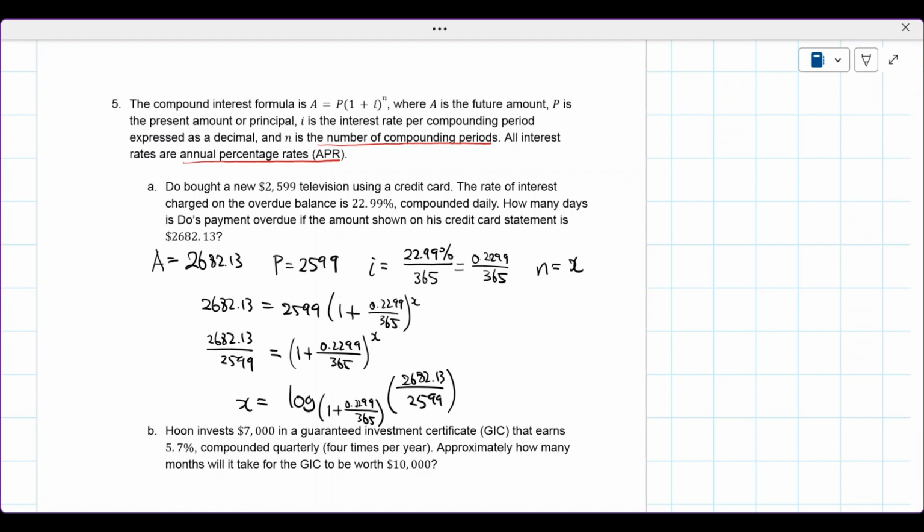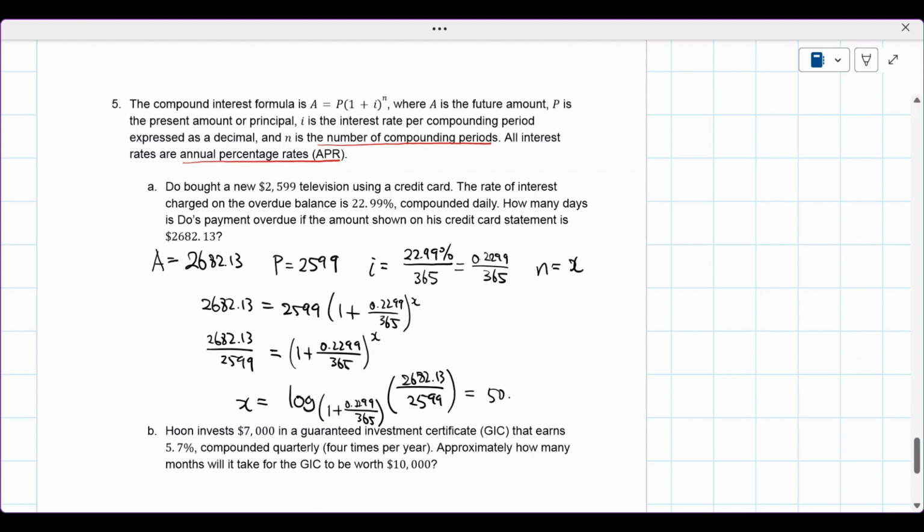Log of (2682.13 divided by 2599), divided by log of (1 plus 0.2299 divided by 365). The answer that I got on my calculator is approximately 50.00. So I think x is 50.